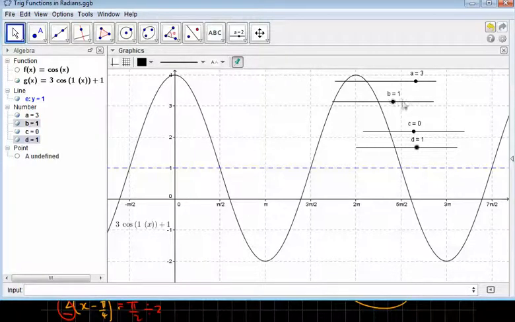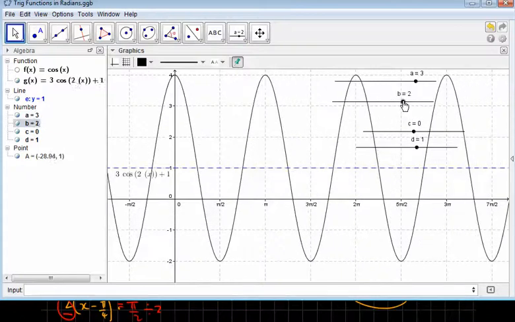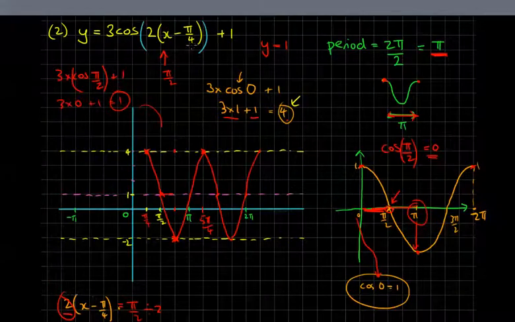Okay, now let's change B to 2, and you can see it's starting to squash it already. And if you look at it, it's half the length of a wave. But what we need to do now is change C. It's going to be x take away C, so what do we need to change C to? We need to change C to pi divided by 4.